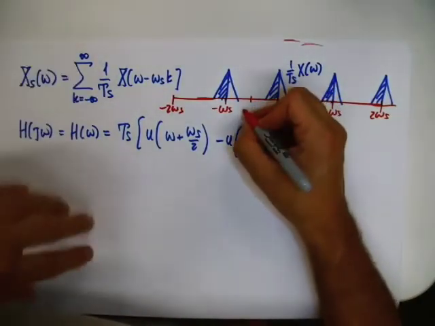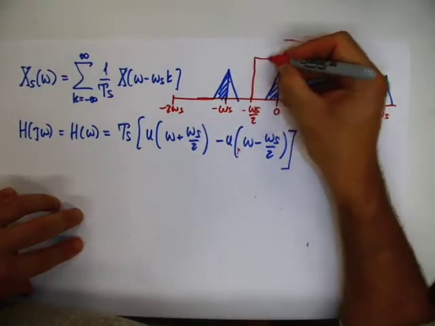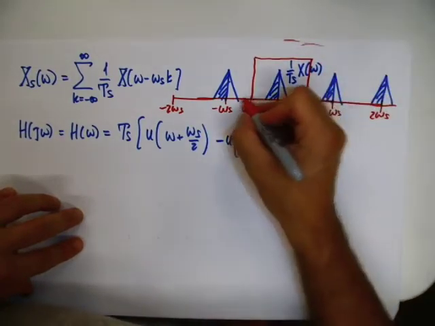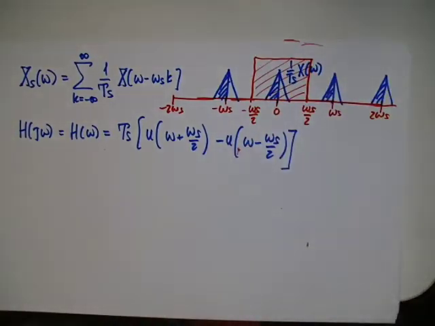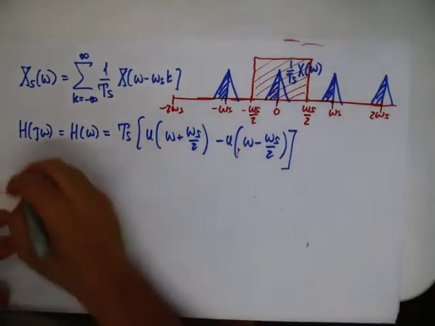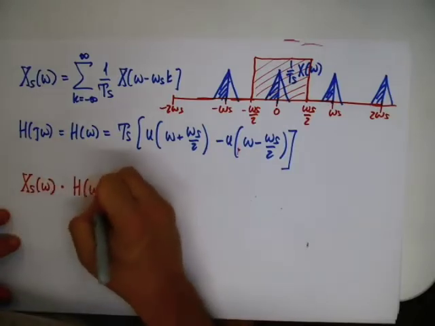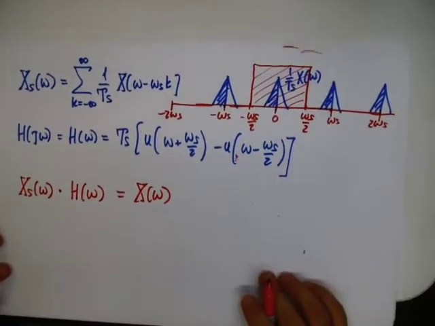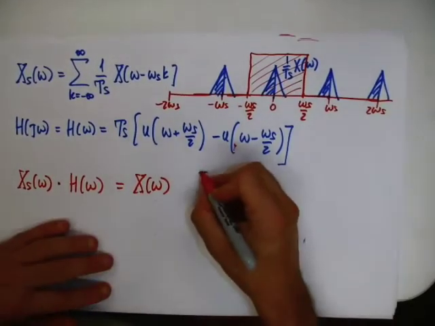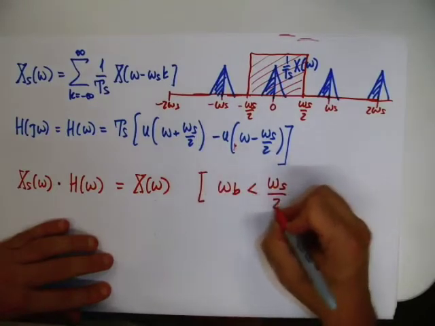So the filter that we design is basically a box filter, which is this. And we want to extract this quantity, okay? So if we do Xs of omega times H of omega, we're going to get back the original spectrum X of omega, as long as omega sub b is less than omega s divided by 2.